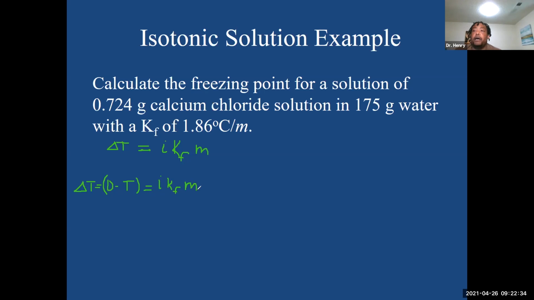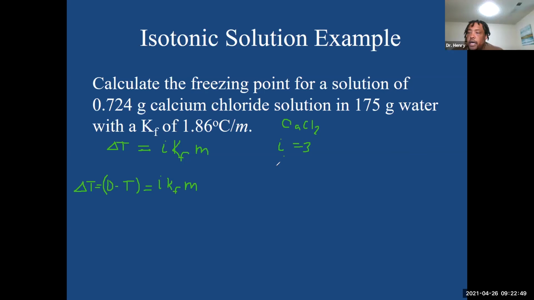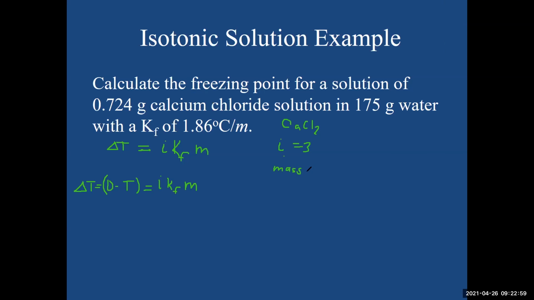Okay, we're talking about calcium chloride. What's going to be i? i is going to equal what? 3. So i is going to be 3. Okay, we know we have our mass of water. We need to change that to what units? Moles?